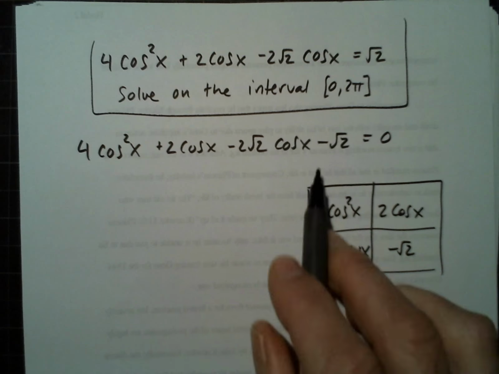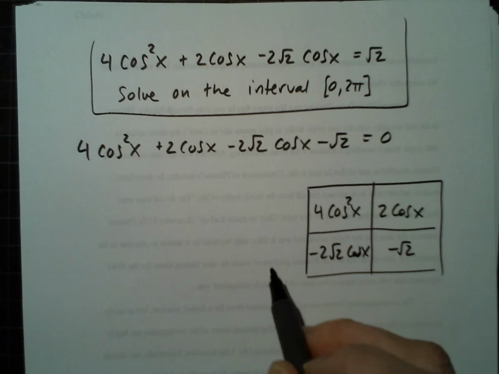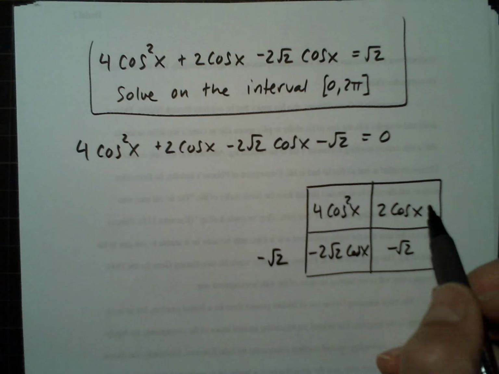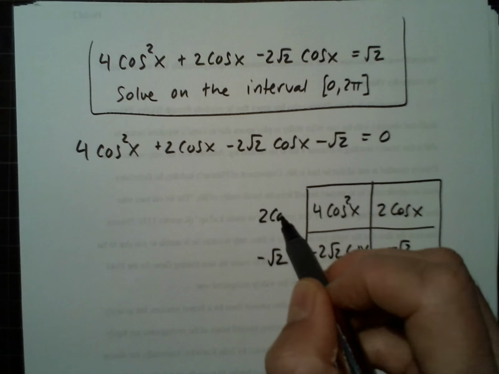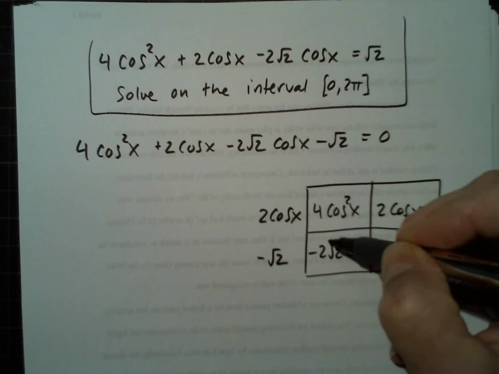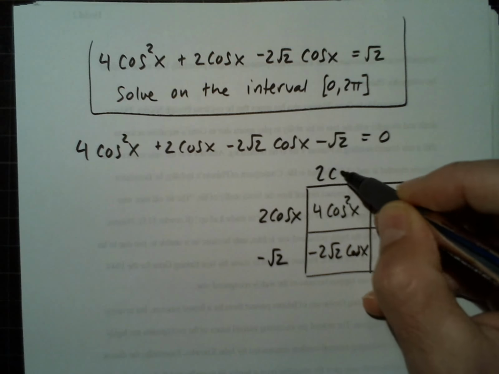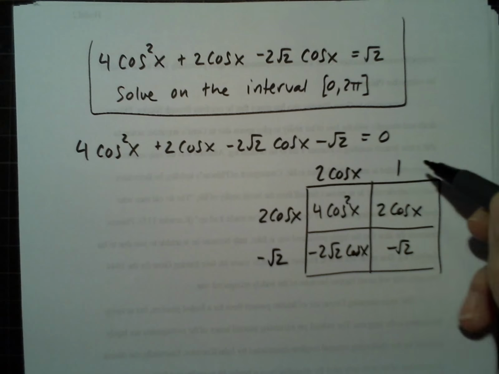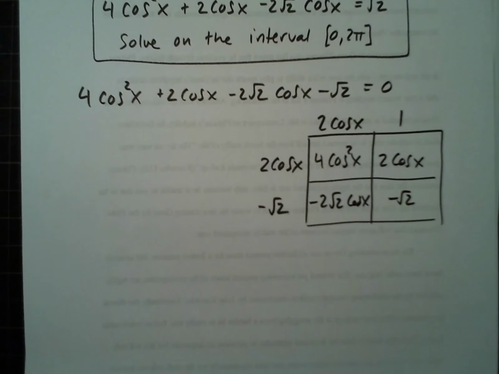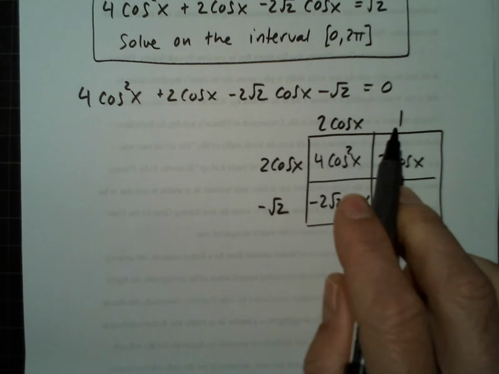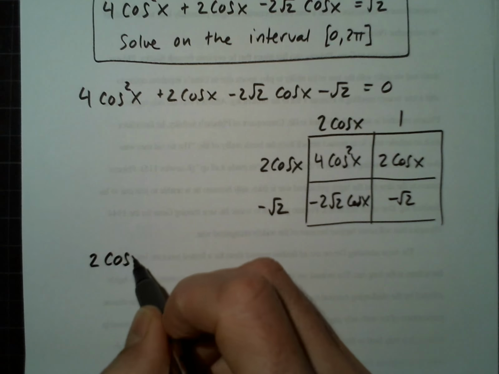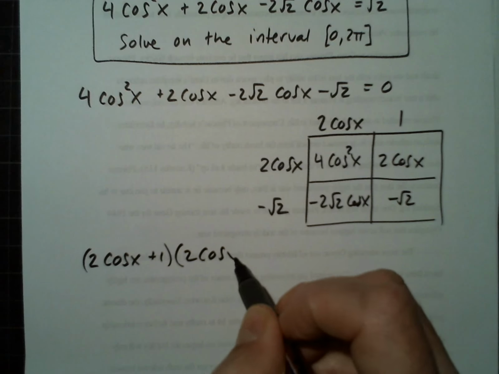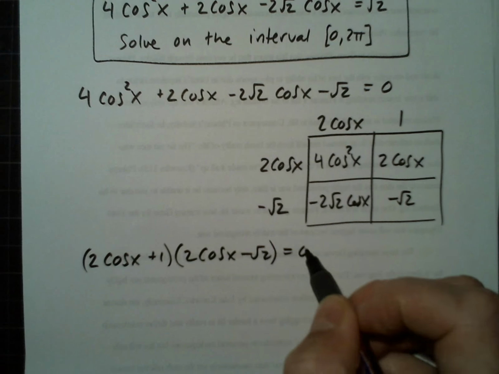So we're just putting each of these into the boxes, and here we factor out a negative radical 2. Here we can take out 2 cosine, and we'll take out a 2 cosine here, and we'll take out a 1 there. So now we have 2 cosine plus 1, 2 cosine minus radical 2 equals 0.